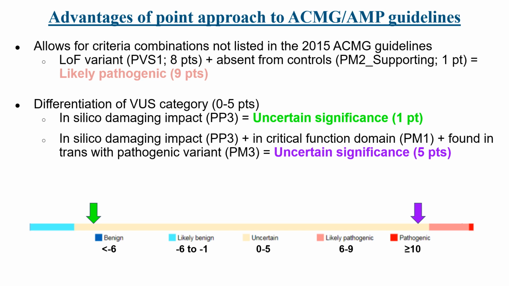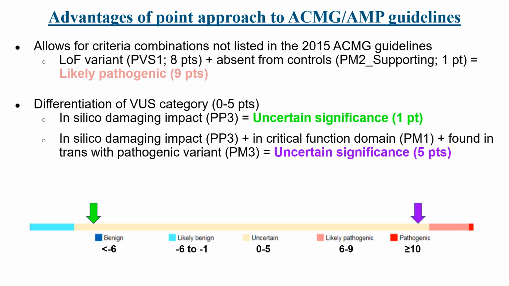Additionally, using the points could help us differentiate VUS. Because VUS is such a wide category, you aren't able to adequately differentiate those that are more suggestive of pathogenic versus those that are more suggestive of being benign. So for example, if you have a variant where all you had was an in silico prediction, that's VUS, but only with 1 point total. Let's say you also have a variant where the in silico tools suggest damaging.